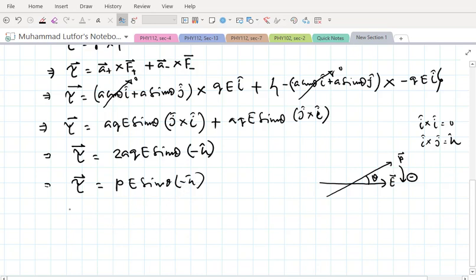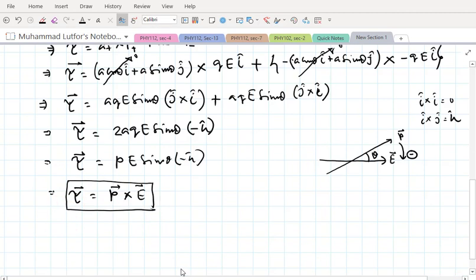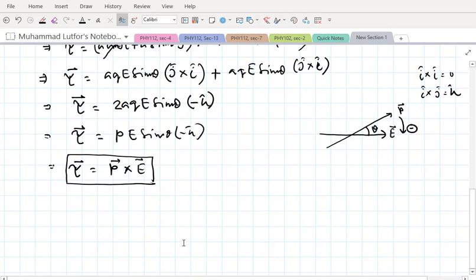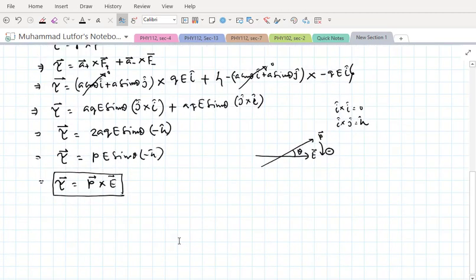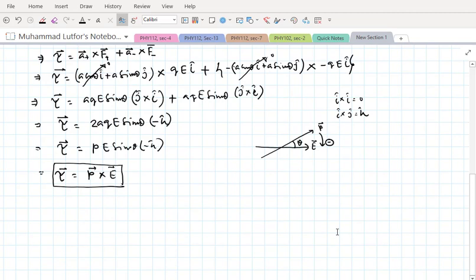So then we can write down this torque in vector form. This would be p cross E vector, right? Now we can also find out why the torque is going to be maximum. You can find out from this equation.